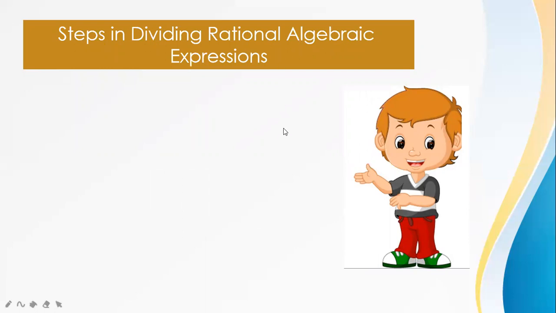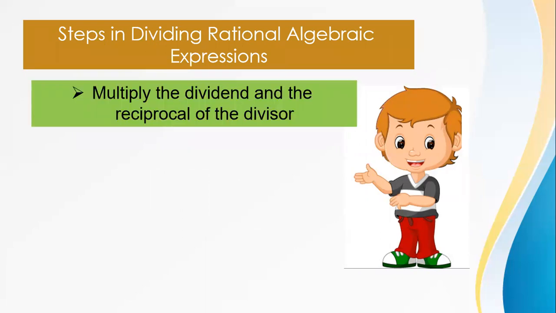So we have same step in multiplying rational algebraic expression, but we have the first one. And we add only this first step. So you multiply the dividend and the reciprocal of the divisor.